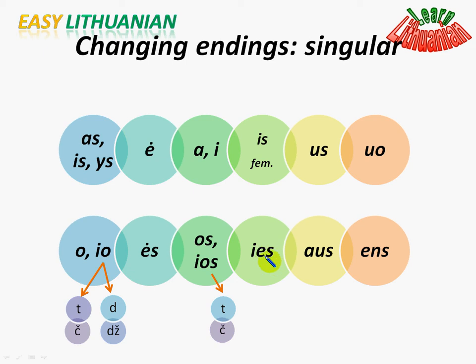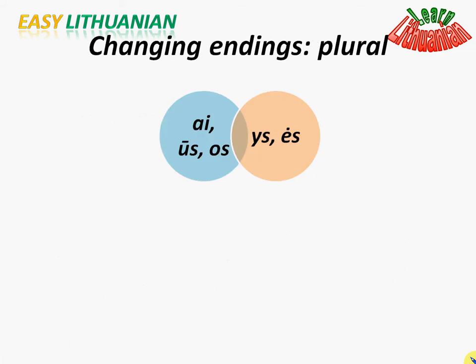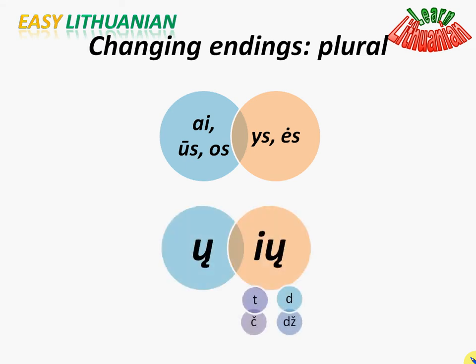Now, plural endings are the most simple of all Lithuanian cases. They are very simple. There's only one plural ending, u, and sometimes it can have the softening sign. If nouns end in a, us, os, that's simple, they turn to u.